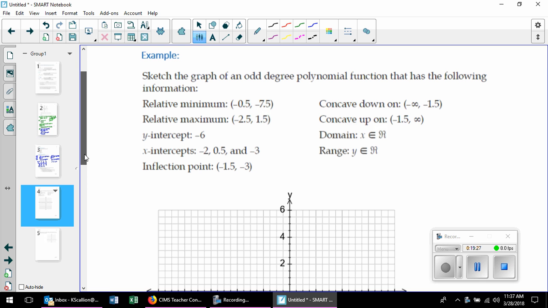So what I would do is I would plot any points that you have. You're going to plot all those points, just dots on a graph.